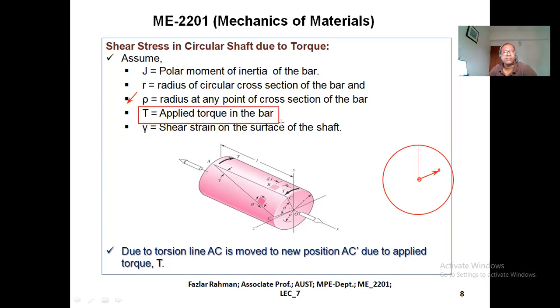T is the applied torque, and gamma is the shear strain of the shaft. Due to the application of torque, line AC moves to a new position, AC prime. That means point C comes over here on applying torque T.